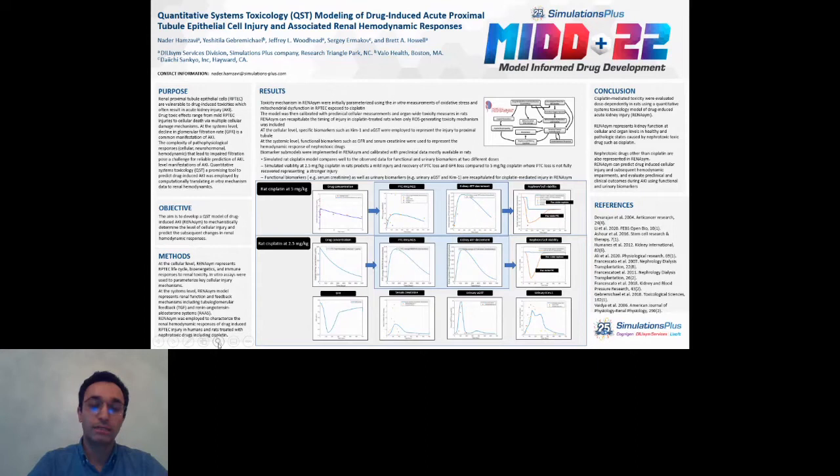So the model is integrating the cellular injury to the systemic level, and predicting the injury to the proximal tubular cells in humans and also in rats. I'm presenting the results that we have for rats, where we have more data, and we could use those to validate the model.